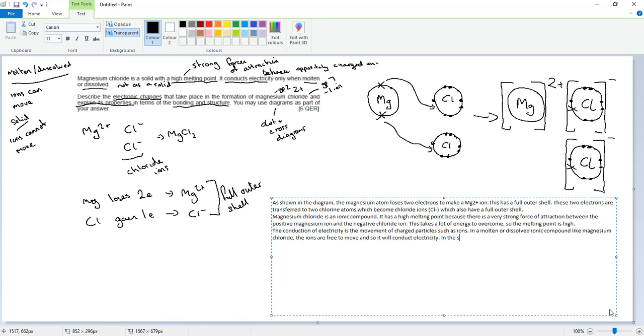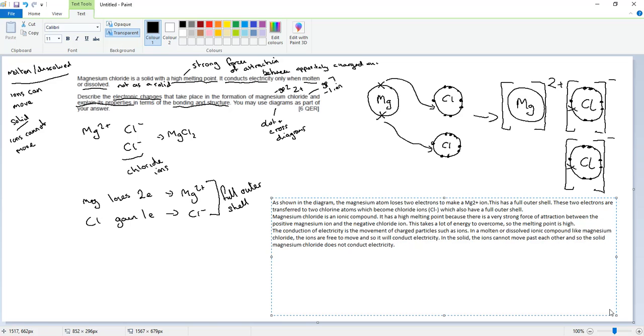In the solid, the ions cannot move past each other, and so the solid magnesium chloride does not conduct electricity. Okay, so let's just check I've answered everything.